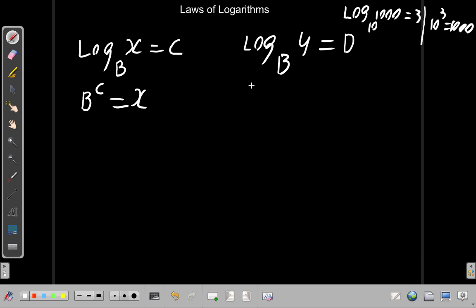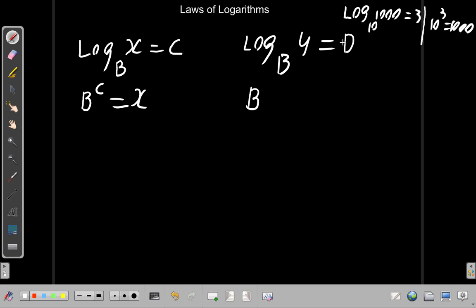Over here now, you do the same thing. In log form, the base is 10. In index form, the base is 10. It's the number you're raising to the power. Here in log form, the base is b, so it's the number you're going to raise to the power when you write in index form. In log form, you say equal 3. The answer is 3. In index form, it is the index that you raise to.